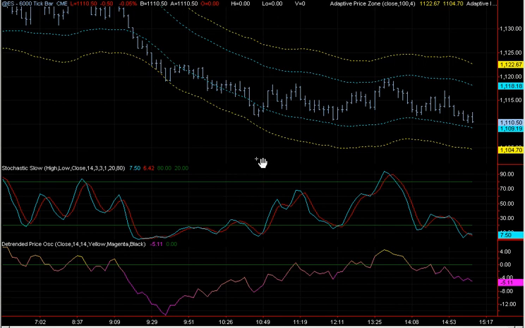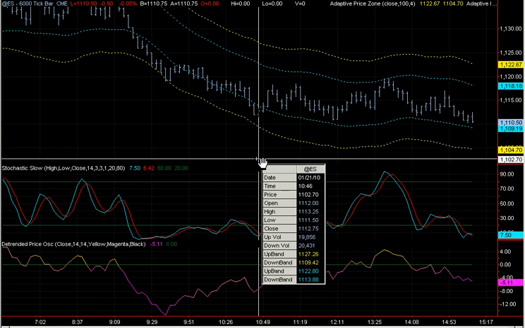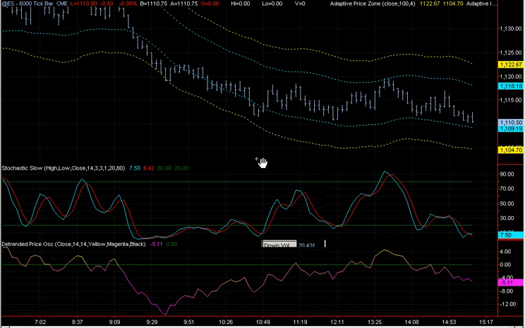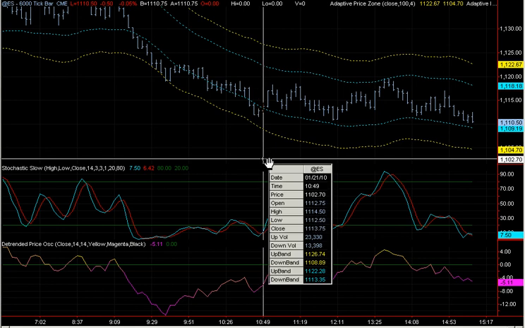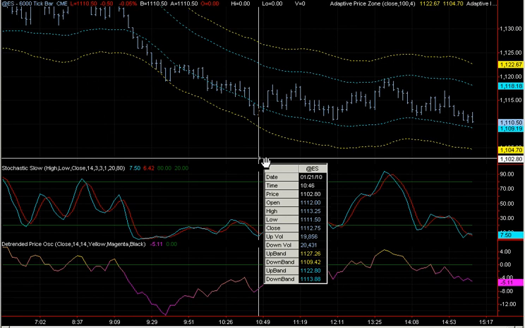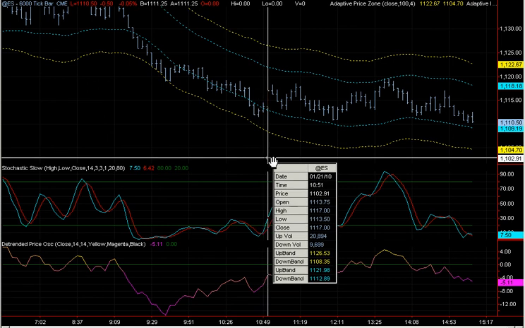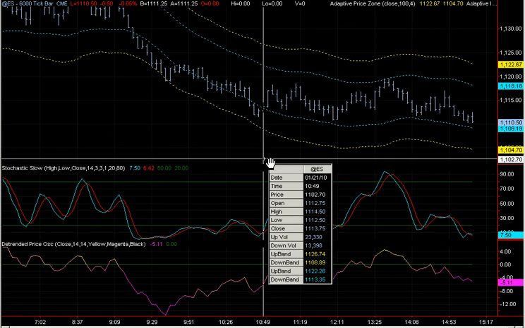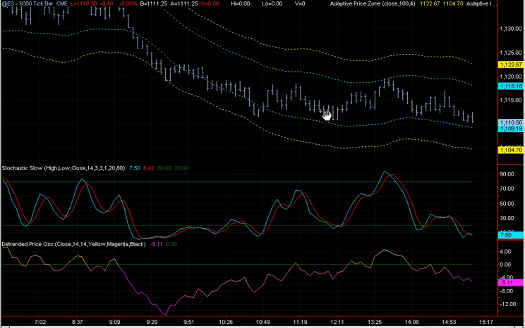If you tried to get in on this low here, the stochastic hasn't turned until the market closes at 1113.75. The low was at 1111.50. So you've left a little bit of money on the table. And the market has continued to come back and test that level on you.